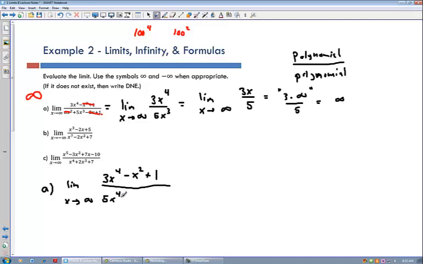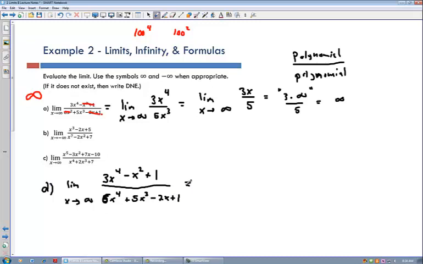So instead of 5x squared, that was actually supposed to be 6x to the 4th. And then plus, just copy this down, 5x cubed minus 2x plus 1. So we're going to add an extra example. I guess we can call this D, then I can have, say, A, B, C, and D.